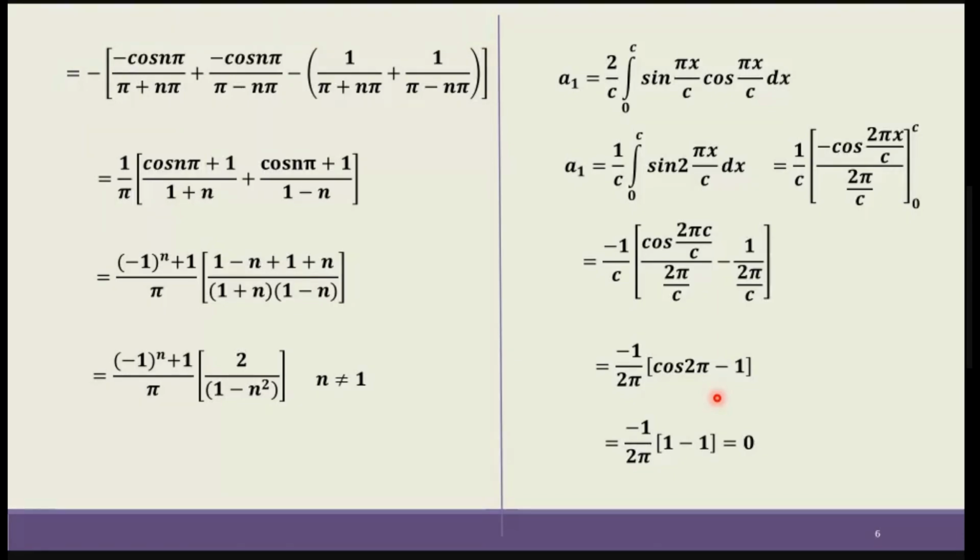So substituting a0, an and a1 value in the function f of x.